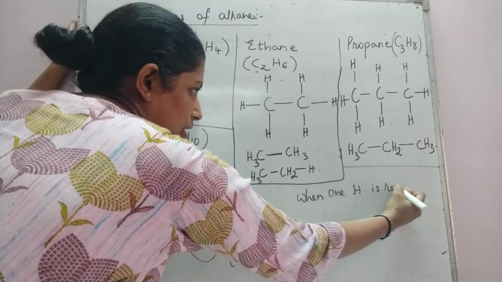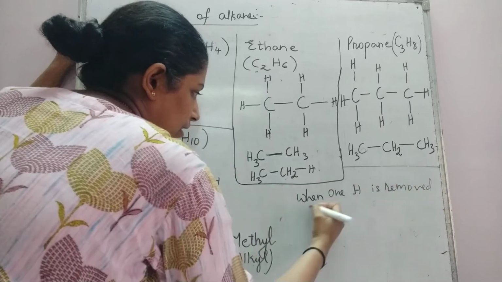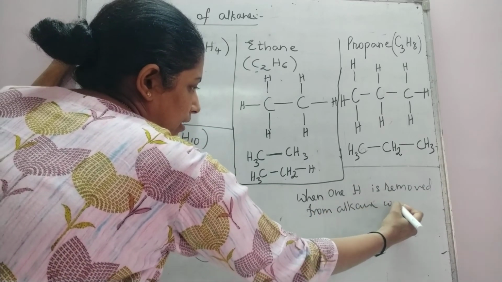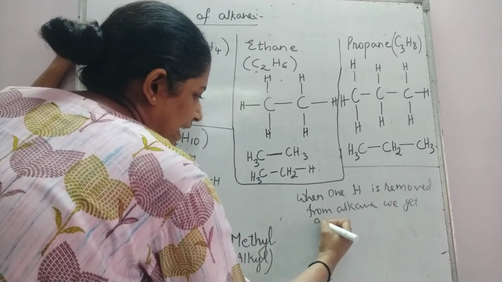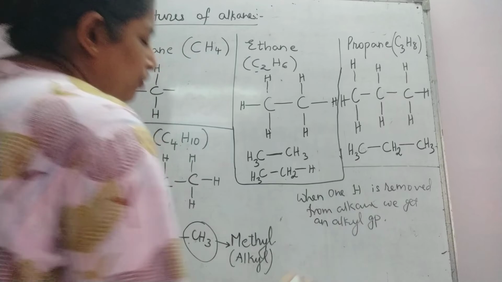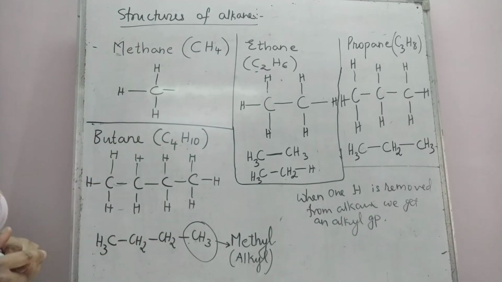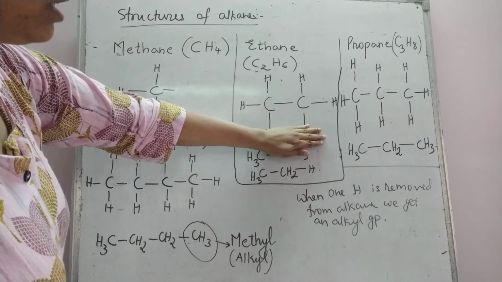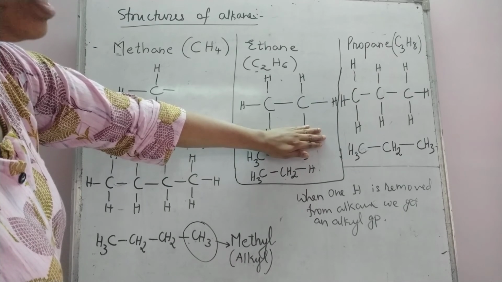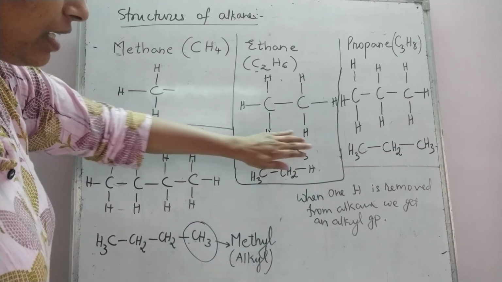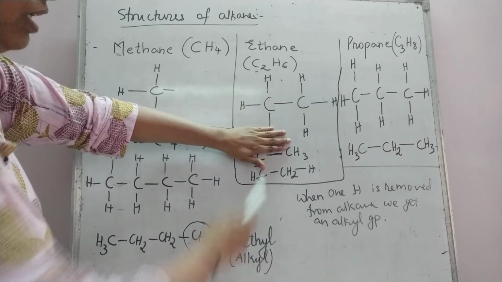Okay, methyl. So generally when one hydrogen is removed from alkane, we get an alkyl group. Which group? Alkyl group. So if I ask you, what will you get when you remove one hydrogen from ethane? Suppose you remove any one hydrogen, what will C2H6 become? It will become C2H5.